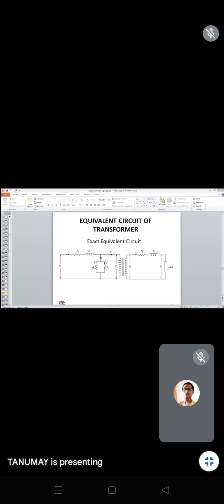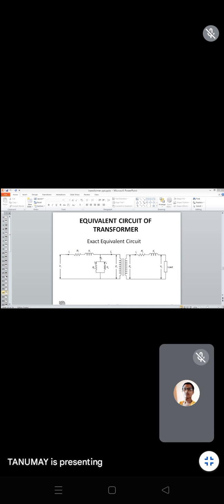Okay. In a transformer, when there is no current flowing on the secondary side, you consider this portion to be zero. That means the whole amount of current, I0, is flowing over the transformer core to overcome the core loss and copper loss, right?